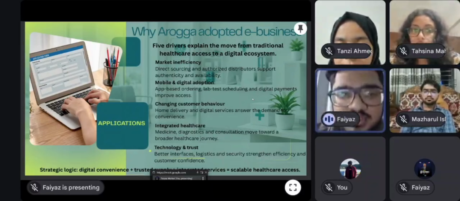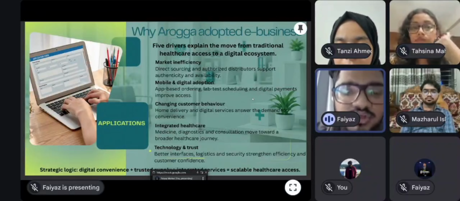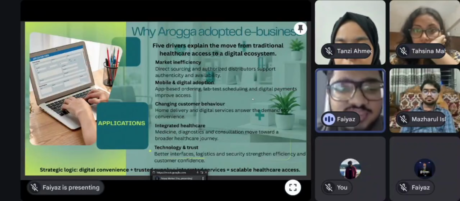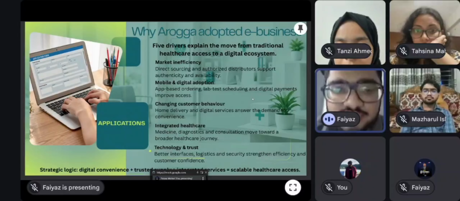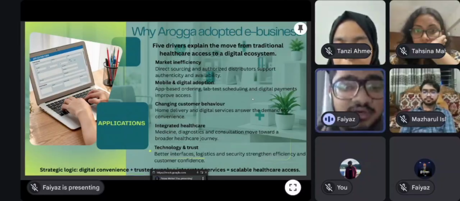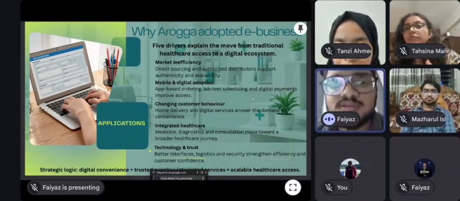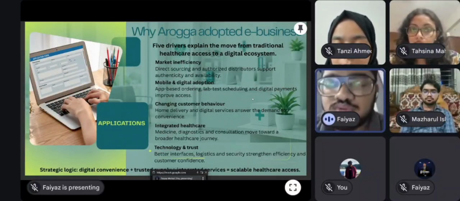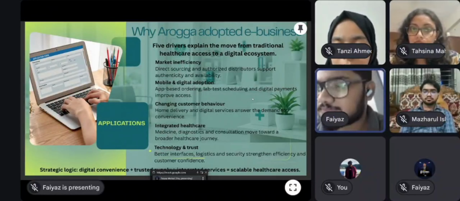So the strategic logic is based on three main ideas: digital convenience, trusted supply, and integrated healthcare service. Together, these help Arogga provide more scalable and accessible healthcare through e-business. That was from my part. The rest will be told by another group mate.